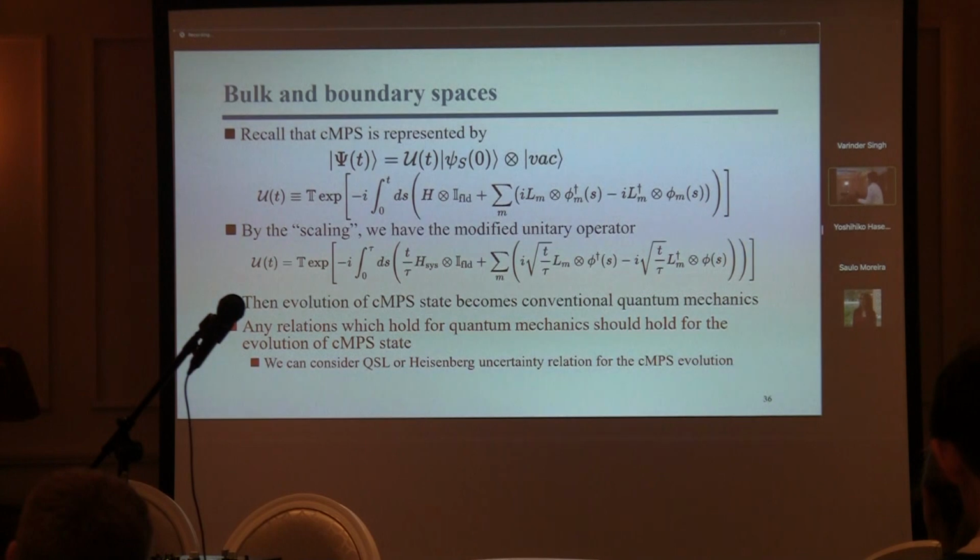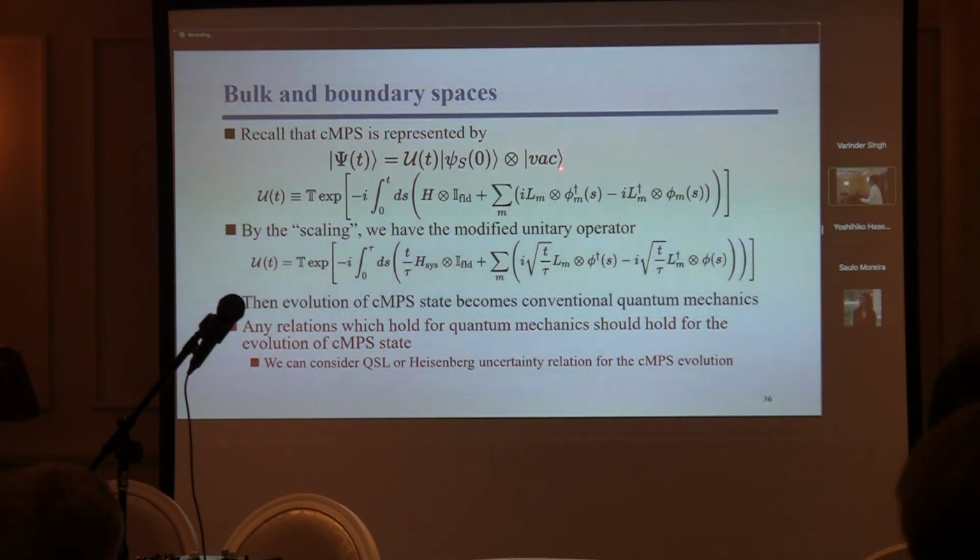So recall that CMPS is represented by this equation. Here, U_t is an operator which records the jump events in this vacuum state. And by the scaling I explained in the previous slide, we have this modified unitary operator. The difference between this original CMPS operator and this scaled operator is that the integration range is different.